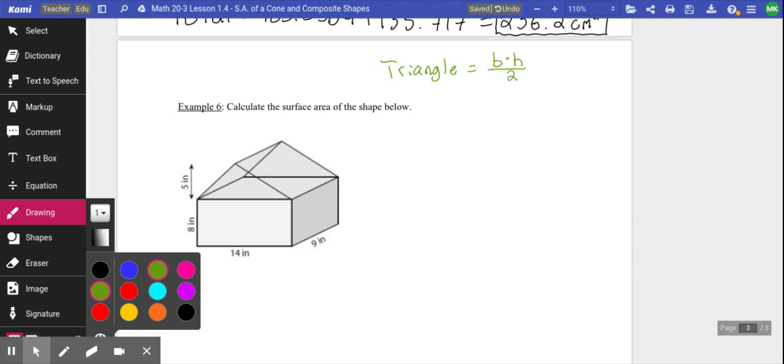Okay, give it a shot. Oh, you're going to need 4.9. 4.9 is this distance right here.